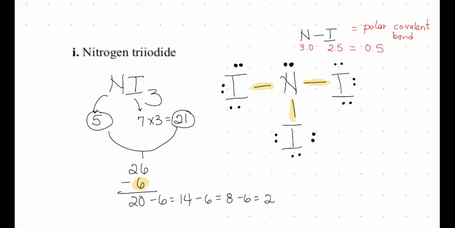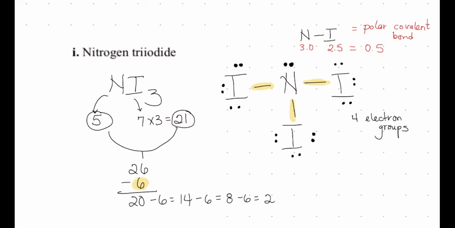It could be a lone pair, it could be a single bond, it could be a double bond, it could be a triple bond, but they all count as one group, okay? So we look at the nitrogen. How many electron groups are on nitrogen? Great, 4 electron groups.